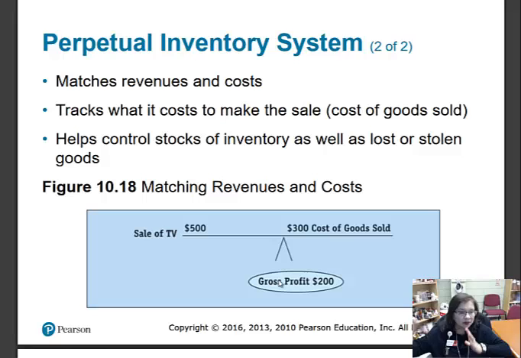Of course, they're going to sell it for a lot more. Okay. The other thing that it helps us to do is to make sure that we've got an inventory, that we're taking care of it, so that if something is stolen, then we know immediately, wait a minute, I had 9 of these, now only showing 7, and I haven't sold any. Where are they? Are they on display? What's happening?